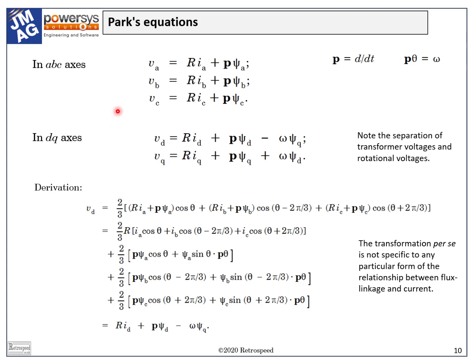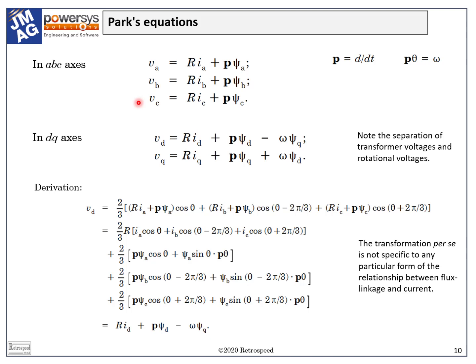In the ABC frame of reference, the voltage equations are these at the top. They can, of course, be solved as they stand, and sometimes they are, but we have to have a relationship between currents and flux linkages in order to complete the solution. And this relationship is very complicated because the necessary inductances vary widely and rapidly with all three currents and also with the rotor position.